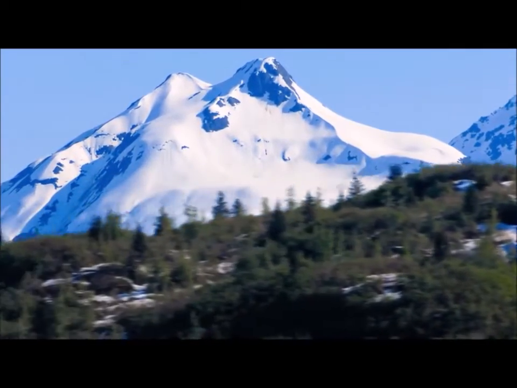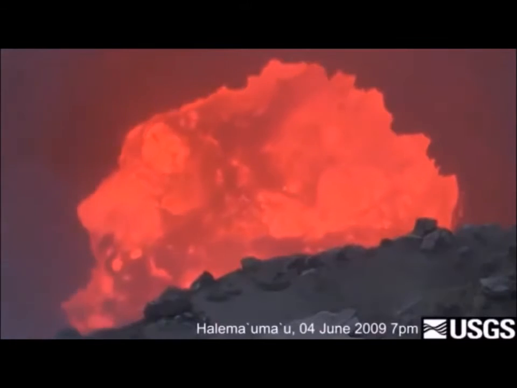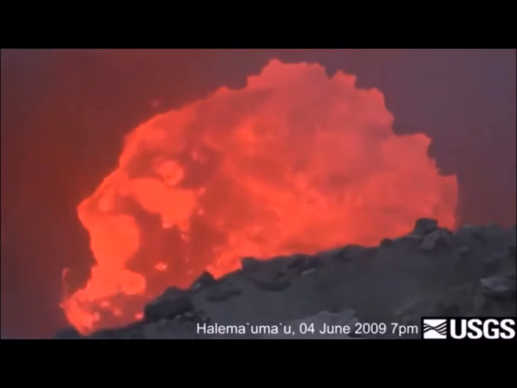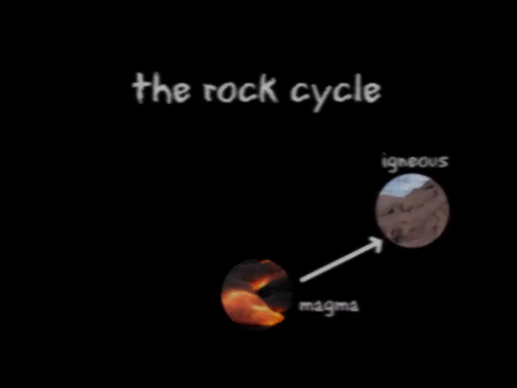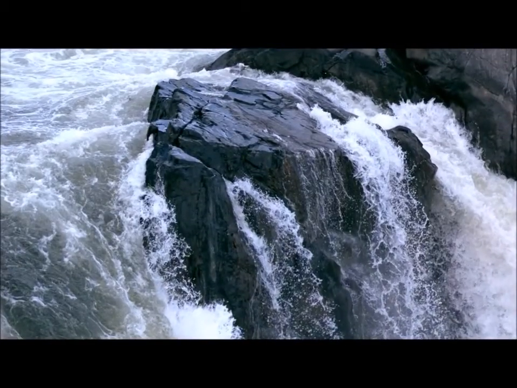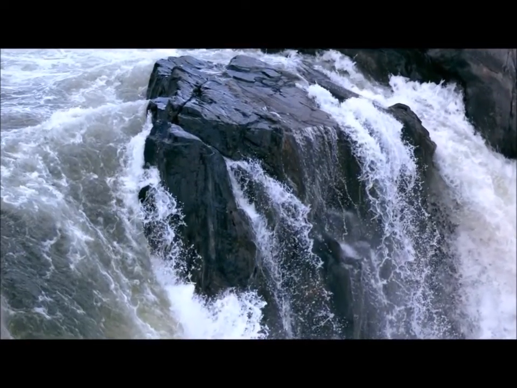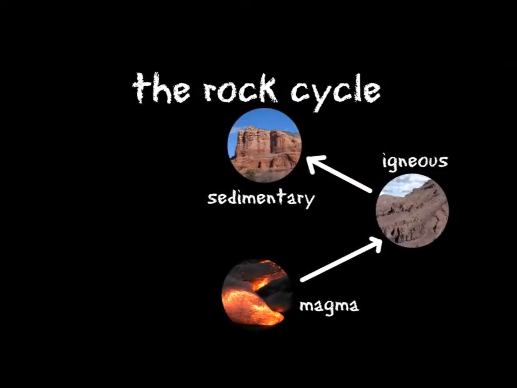Rocks are slowly but constantly changing in something known as the rock cycle. The rock cycle begins with magma, or hot melted rock, deep beneath the Earth's surface. This magma becomes crystallized, becoming igneous rock. These rocks begin to erode or break down into small pieces because of wind, water, or other forces. The small fragments of rock are carried away as sediment when water passes over them, and are deposited in layers, which eventually become sedimentary rocks.